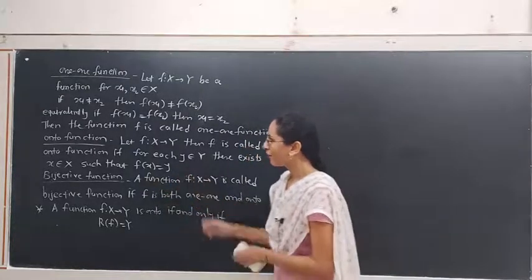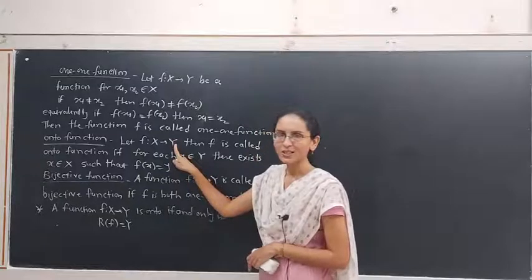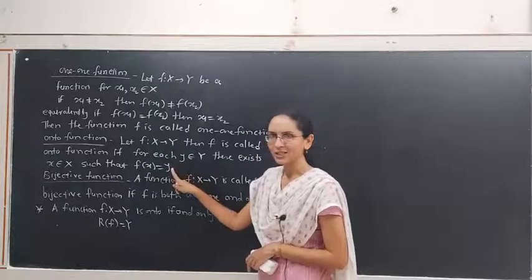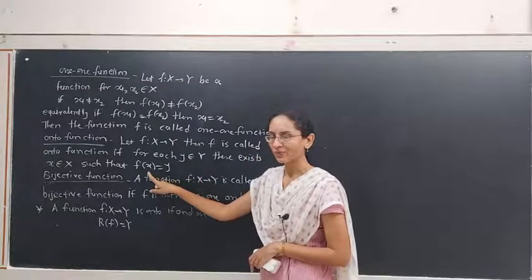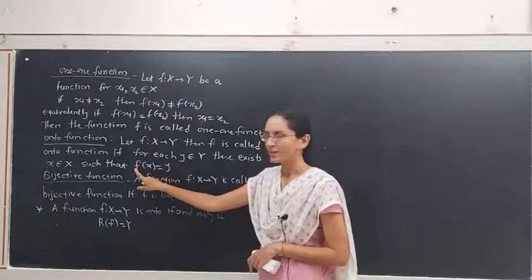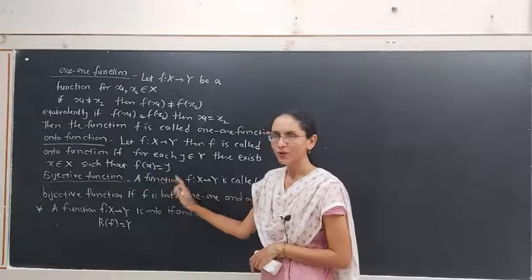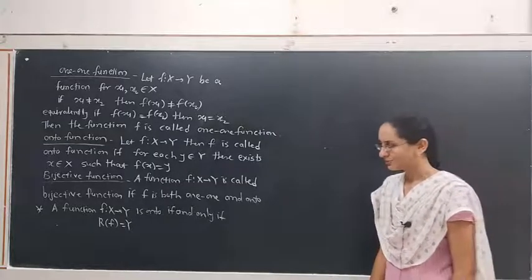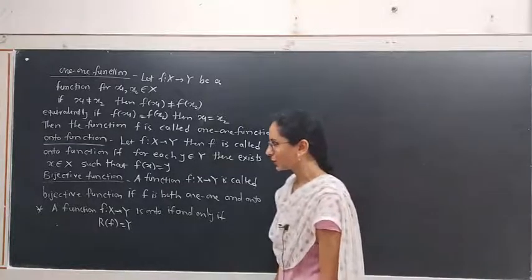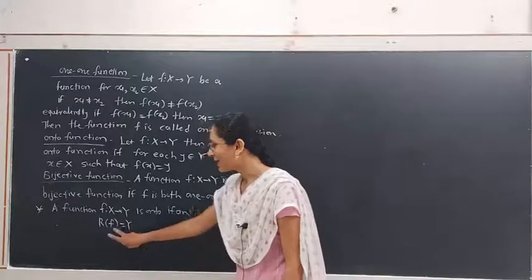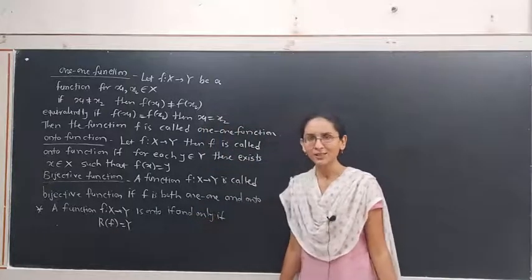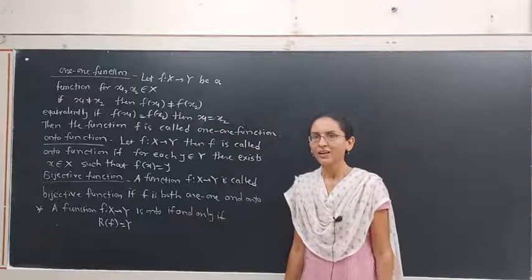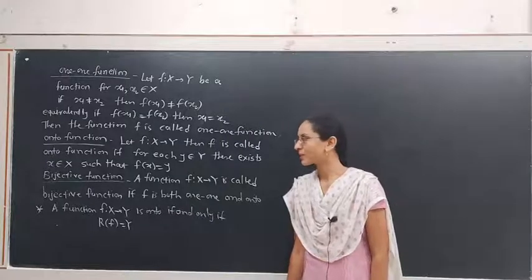Means for every element of codomain set, there is a pre-image in domain set for the function f. That means f of x is equal to y, then function f is called onto function. Otherwise, it is not onto. Also, if we have range of the function f is whole set codomain, then f is onto function.